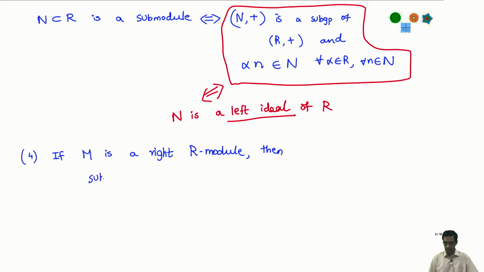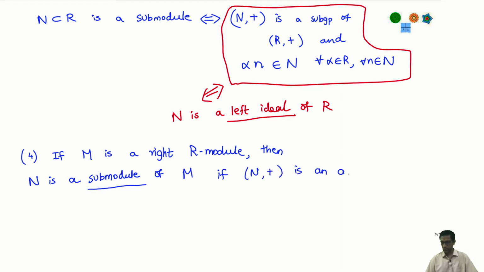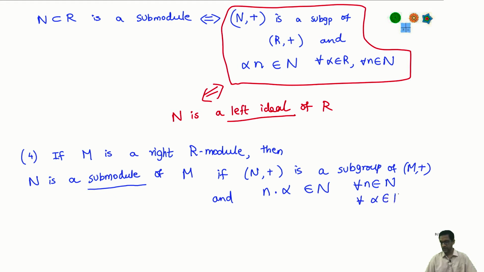Let N be a subset of M. Then we say N is a submodule of M if it's closed under addition, that is, N is a subgroup of M under addition, and we have closure on the other side: n acted on the right by alpha belongs to N for all n in N and for all alpha in the ring R. So this is the right action.